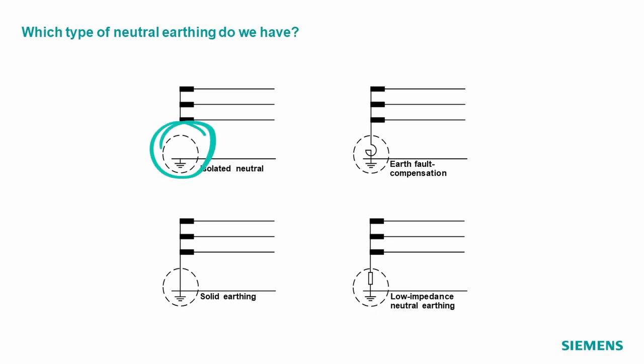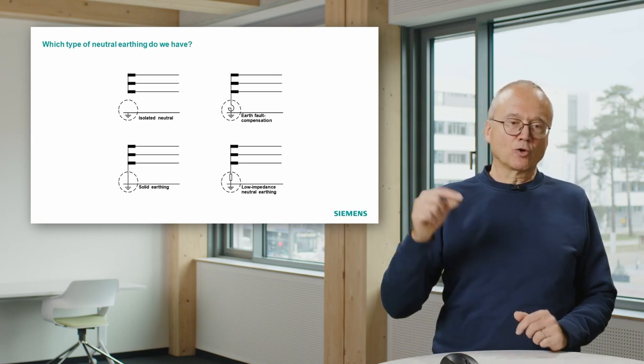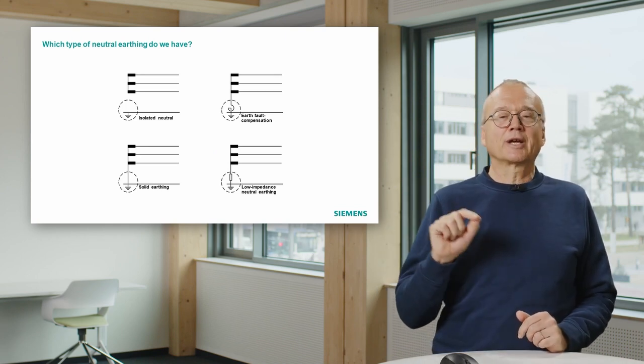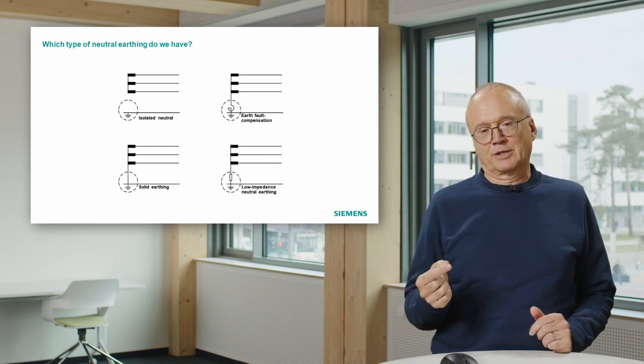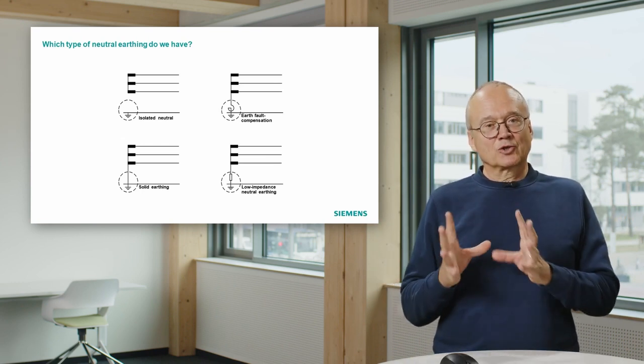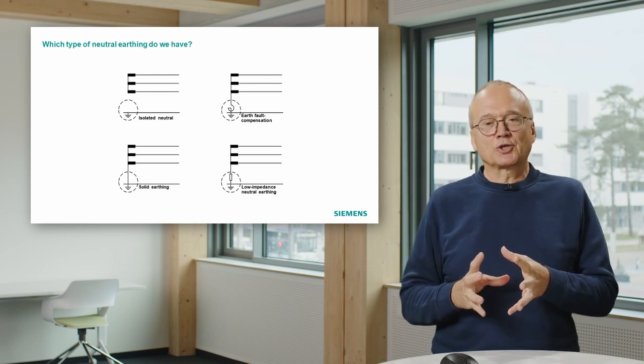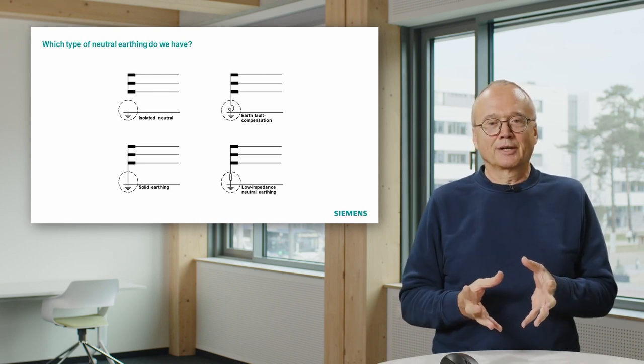That means in such a case, if you have such an arrangement, if you have a reactance here or if you have the star point open, you have pretty low currents. In case of a phase to ground fault, you can even continue operation without risk of damage. So the earth fault in this case is not really a short circuit because there's only small current flowing.